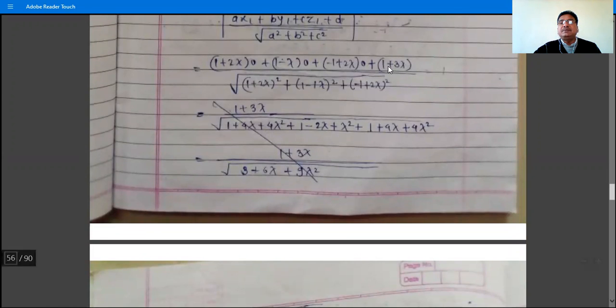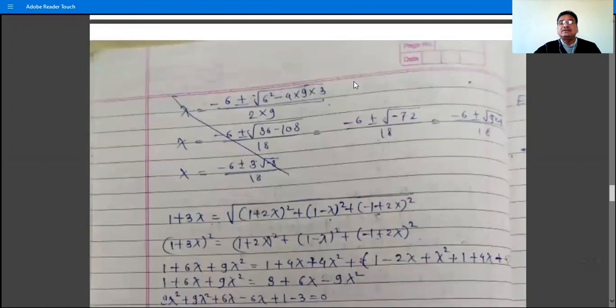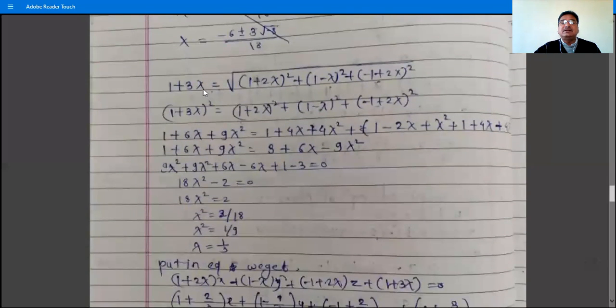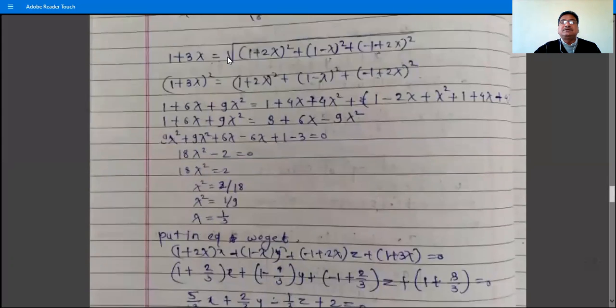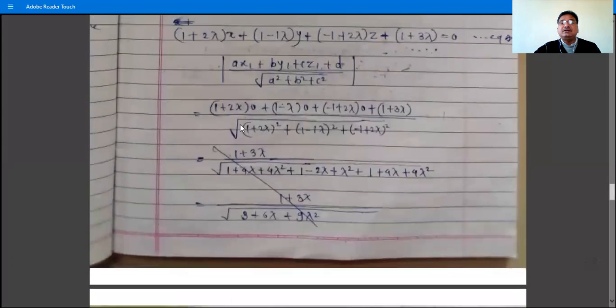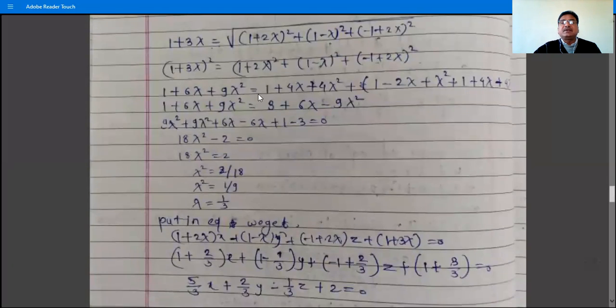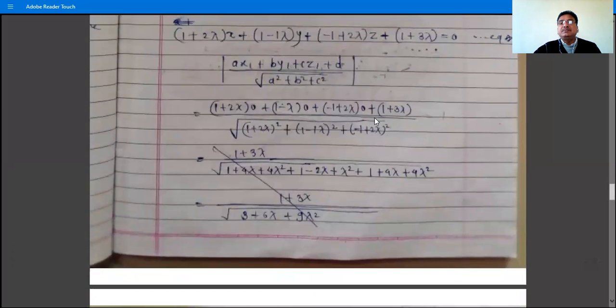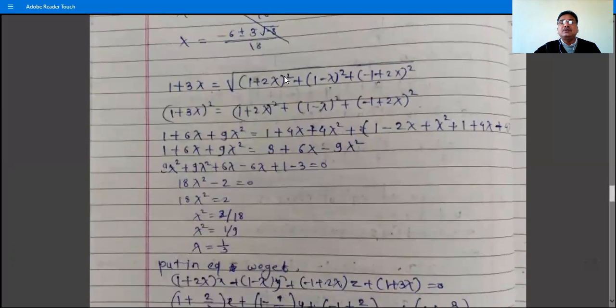The numerator is 1 plus 3 lambda; for the denominator find the square of all these brackets and simplify. Shift the denominator quantity to the RHS. So 1 into this is this quantity. So the LHS is 1 plus 3 lambda, and the RHS is root of 1 plus 2 lambda whole square plus 1 minus lambda whole square plus minus 1 plus 2 lambda whole square.